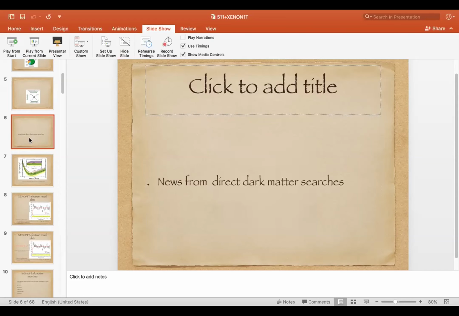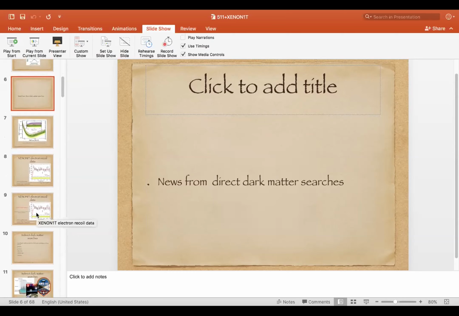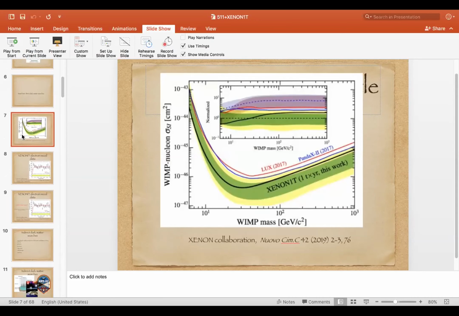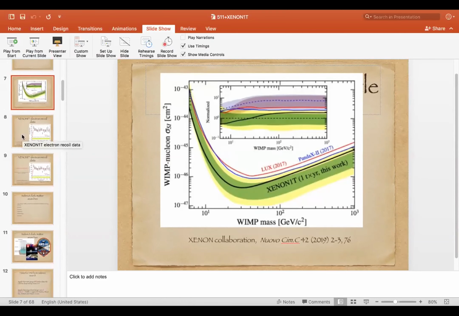This morning we heard in Ricardo's talk some news from XENONnT on dark matter searches. And we saw that XENONnT has set a strong bound on the cross section of dark matter with nucleons.